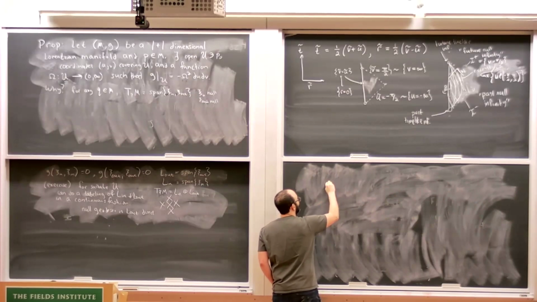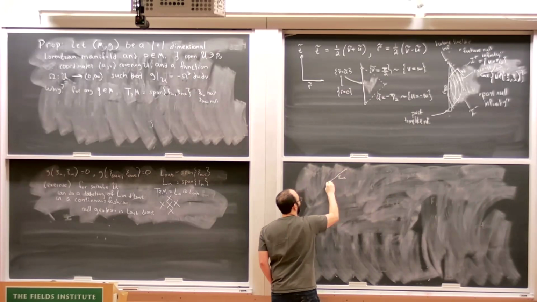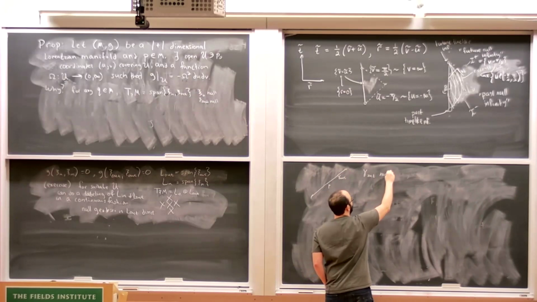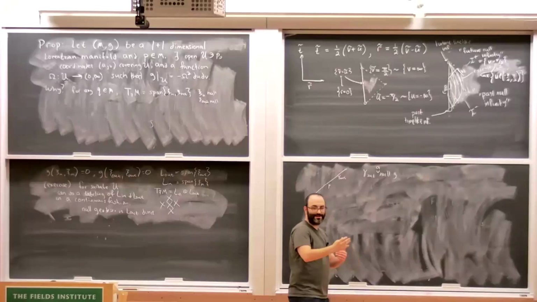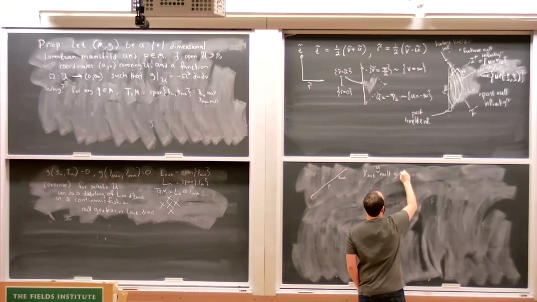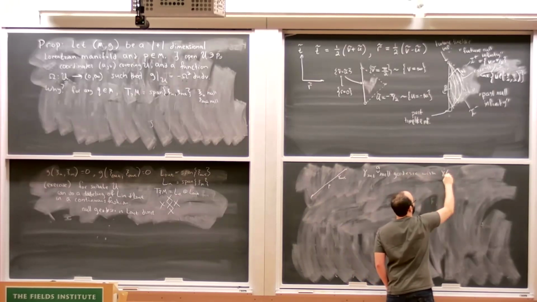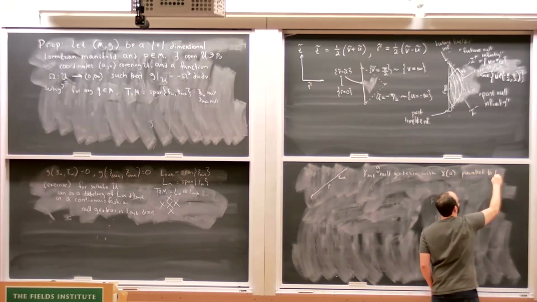Let's call this gamma out. I can define gamma out as a null geodesic. Because again, there's no canonical way to decide on the size of the tangent vector, I just pick a null geodesic in the direction of that line, with gamma dot at 0 parallel to L out.